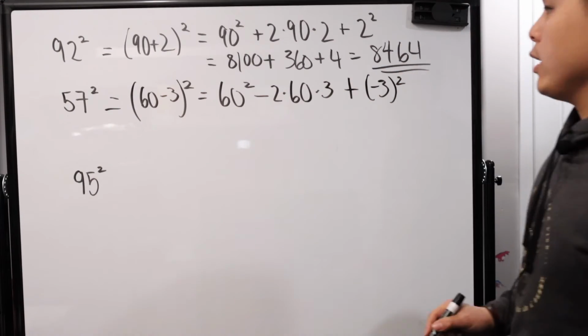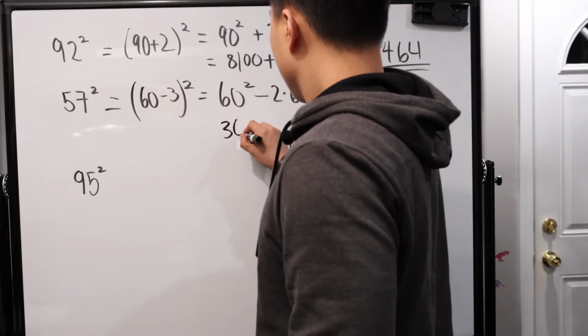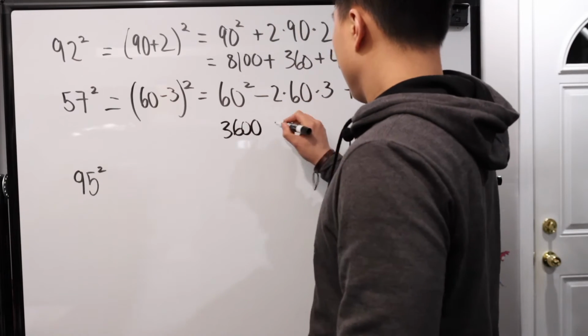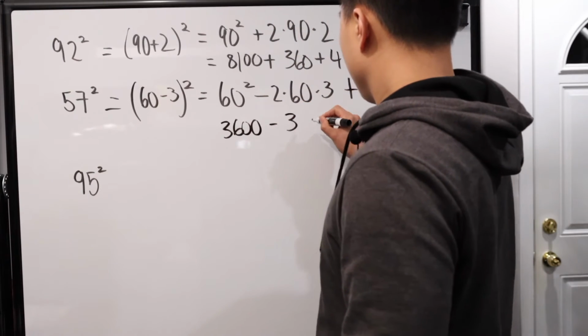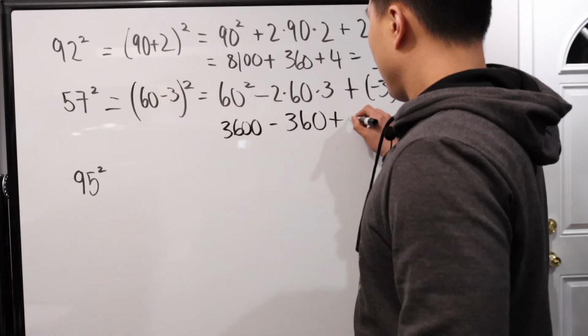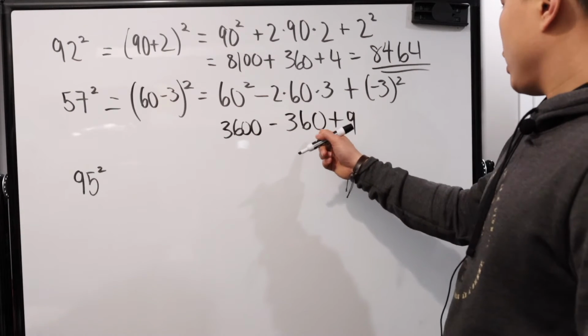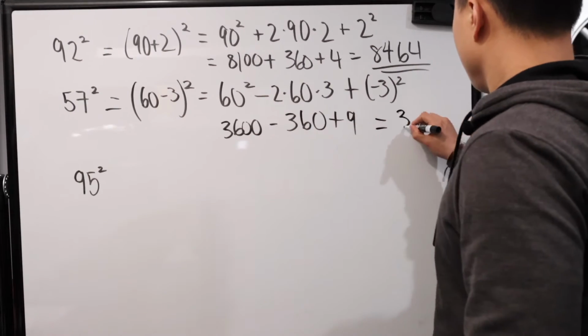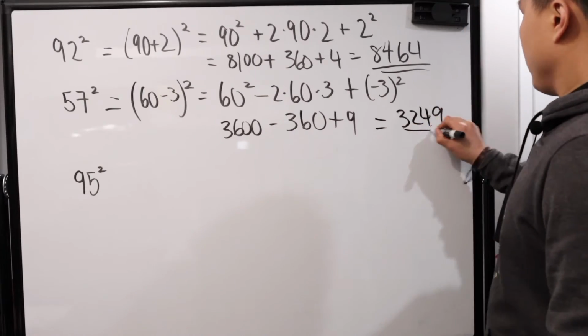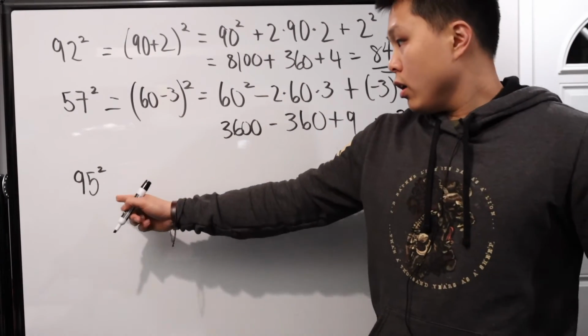So what do we get for that? In that case, it's going to be 3600 minus 360 plus 9. So that's 3240 plus 9, which is 3249.